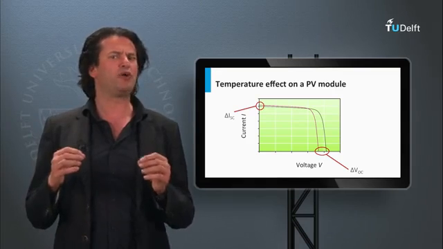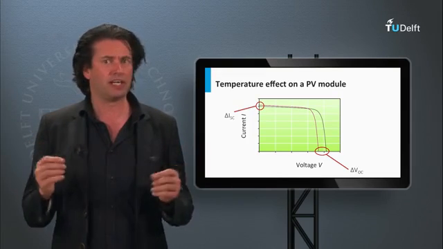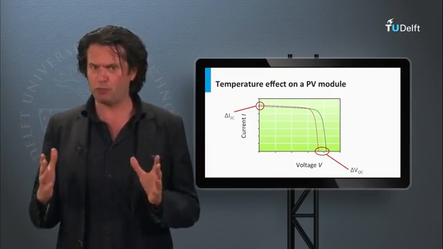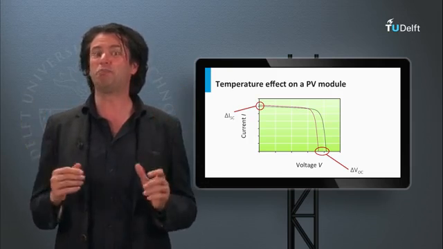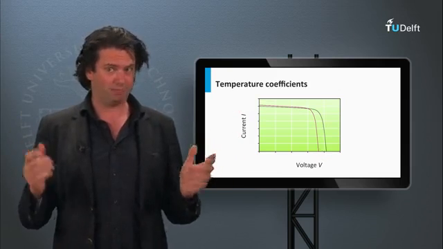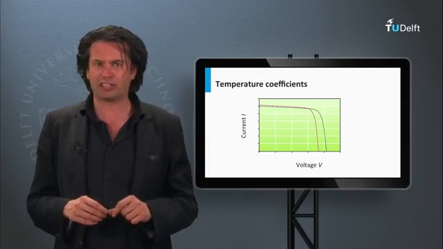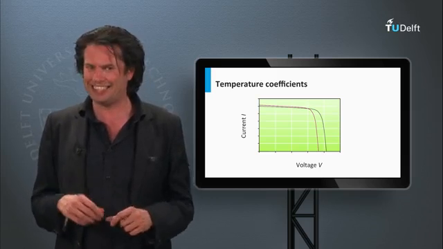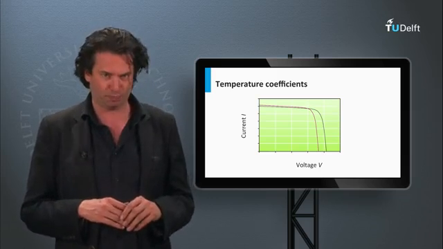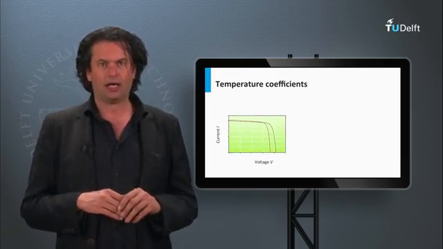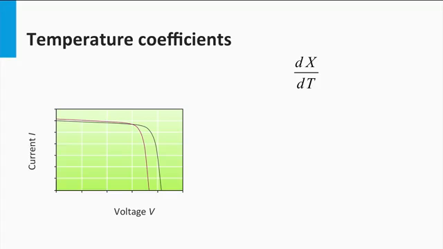But how do we quantify this effect? If the temperature of the PV module were to increase by 10 degrees Celsius, how would the output be affected? Well, the PV module manufacturers include what are known as the temperature coefficients in the datasheets of the commercial modules. Temperature coefficient is nothing but the rate of change of a parameter with a temperature.